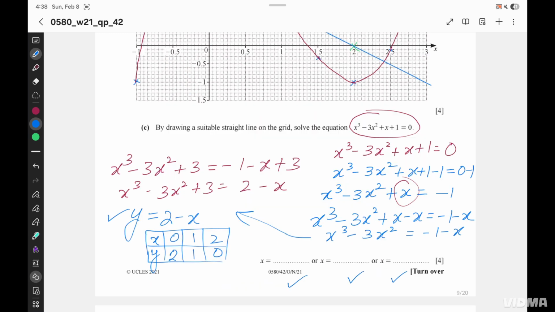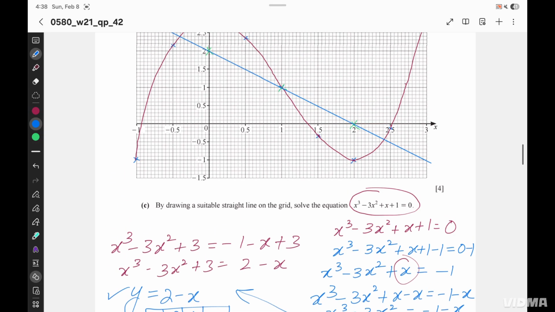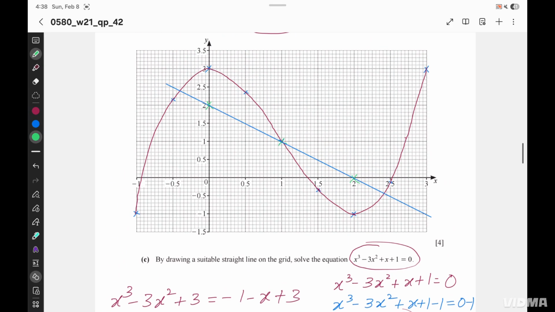Basically these three values of x are representing the points of intersection of the cubic graph and the linear graph. So you need to find the values of x coordinate of these points of intersections.